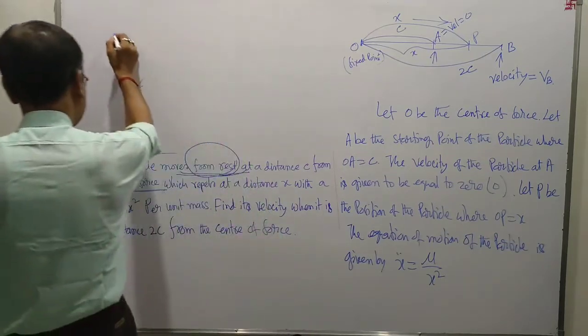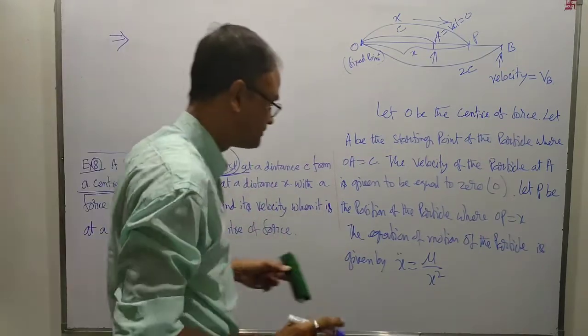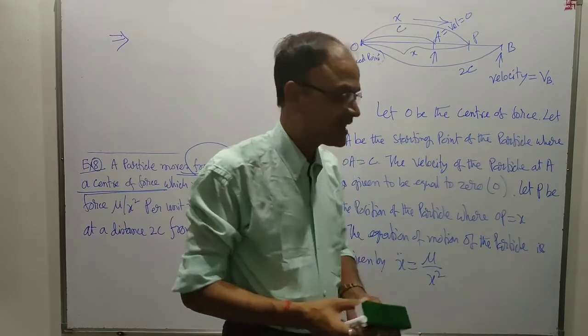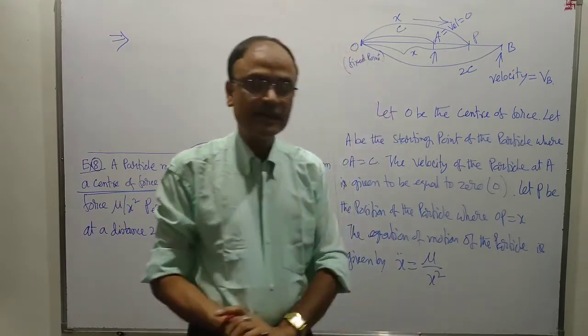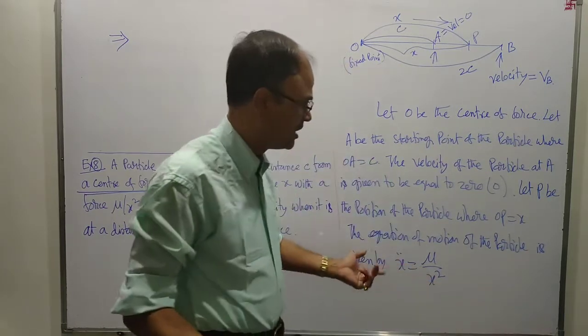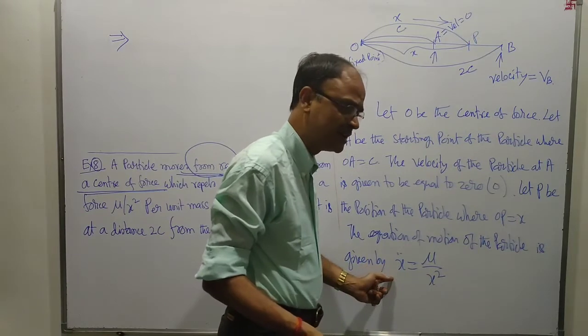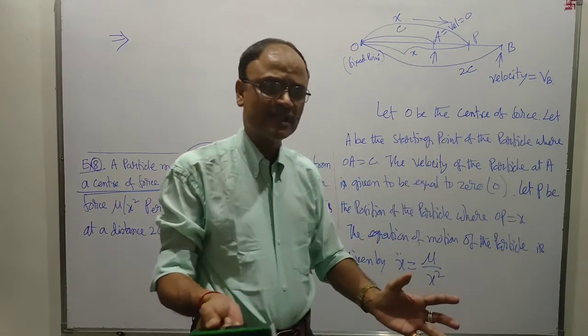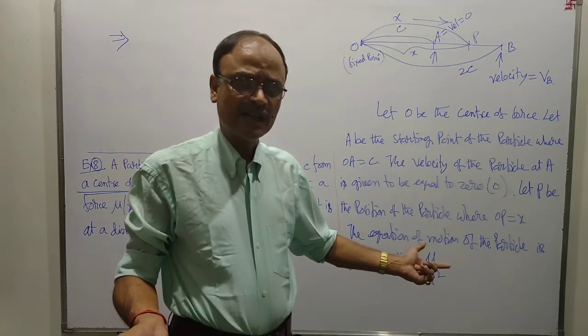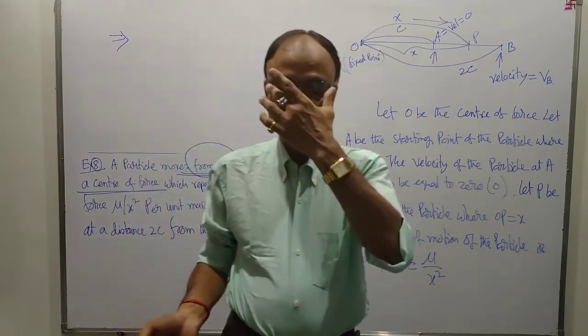This means x double dot. What is x double dot? It is acceleration. You see the right hand side is a function of x. You may write it as d2x by dt square, or multiply both sides by twice dx by dt, just as we have done in differential equations.